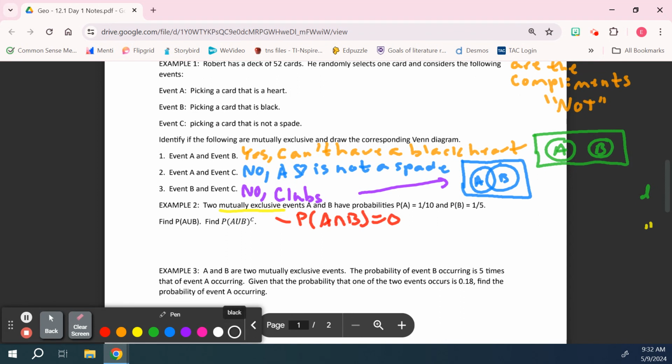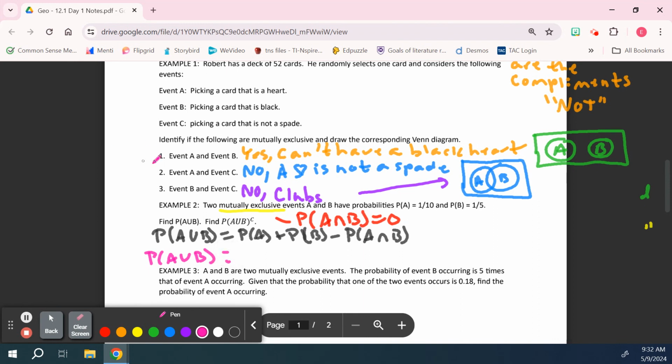So if I use my formula, probability of A union B equals the probability of A plus the probability of B minus the probability of A intersect B, I can just substitute this in. So the probability of A union B is going to be probability of A, which is 1/10, plus the probability of B, which is 1/5, minus A intersect B, which is 0.